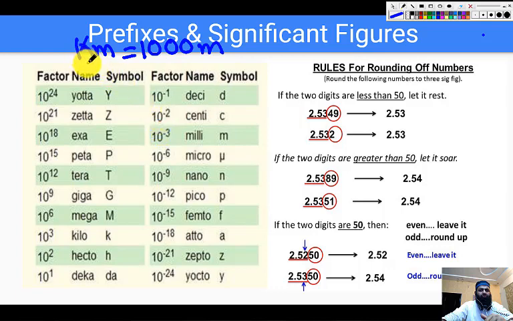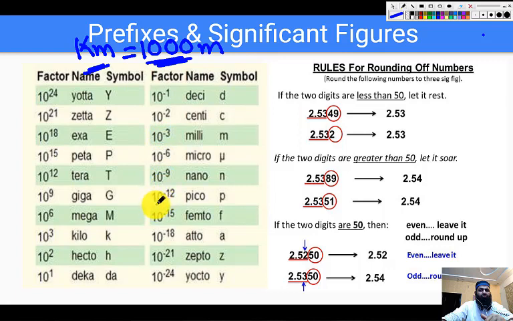Anytime we want to represent 1,000 meters, we just say kilometers. Similarly, we have mega: anytime we want to represent something of the order of 10 to the power 6, we say mega. 10 to the power 9, giga. 10 to the power 12, tera. Similarly, if we are going to represent something very small, we have deci, centi, milli, micro, nano, pico.